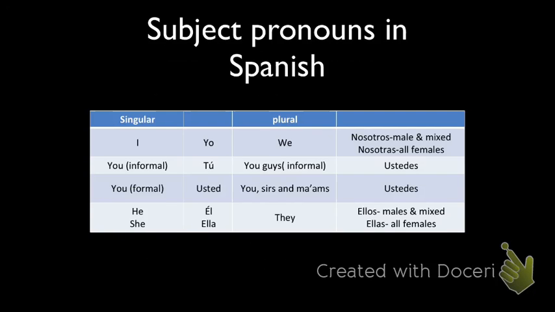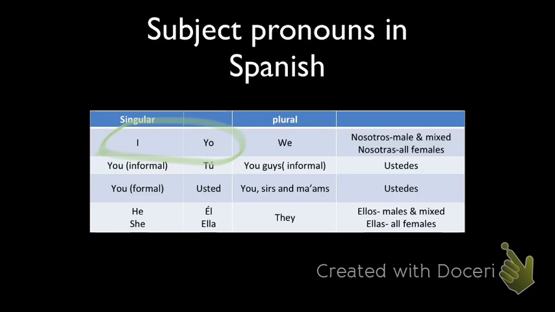Here we have our table of all of our subject pronouns and their equivalents in Spanish. Okay? So I would be replaced by yo. So I is going to be yo in Spanish. These two go together.